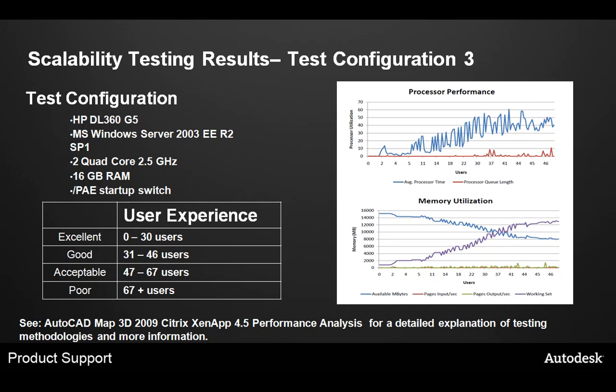For this system, the user experience was excellent for 0 to 30 users and good for 31 to 46 users. The charts on the right here come directly from the AutoCAD Map 3D 2009 Citrix XenApp 4.5 performance analysis, which is included as a handout for the presentation, and URLs were included on previous slides.